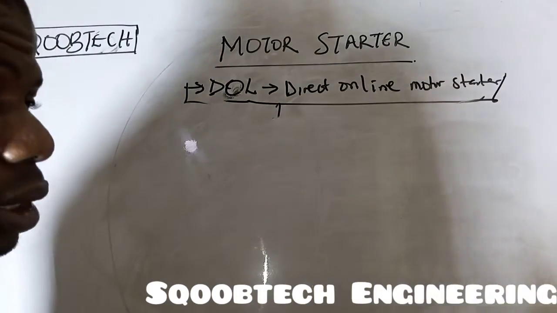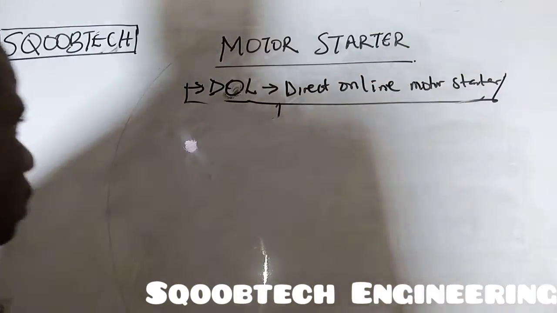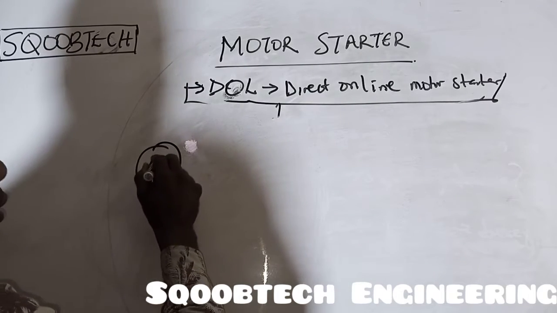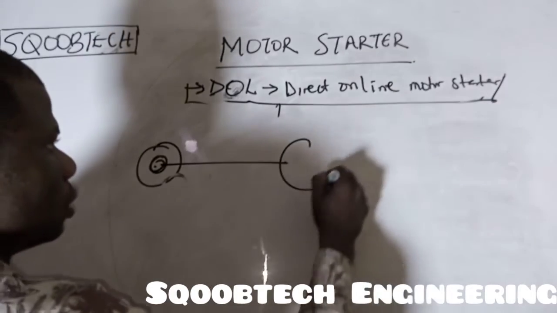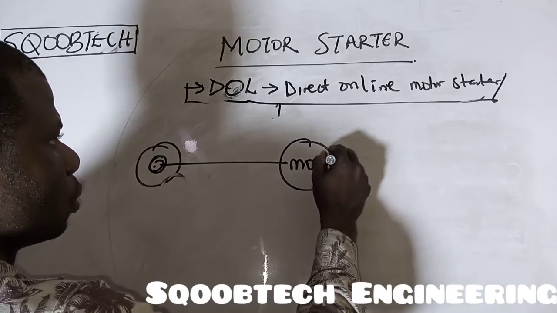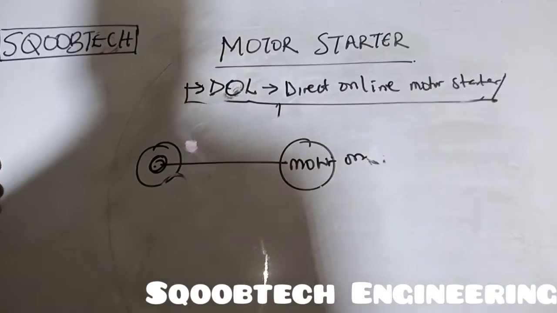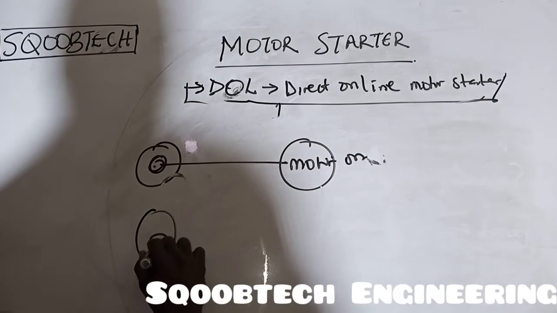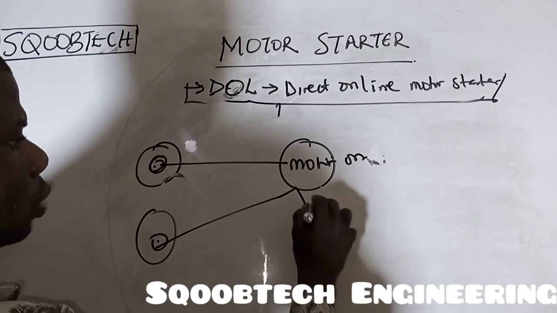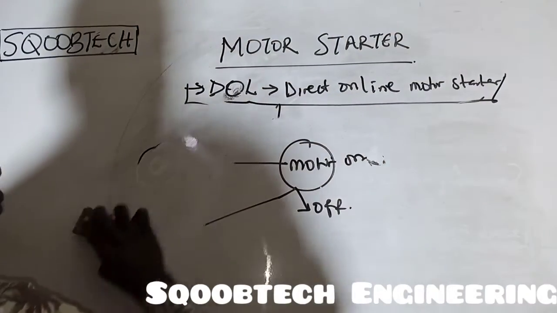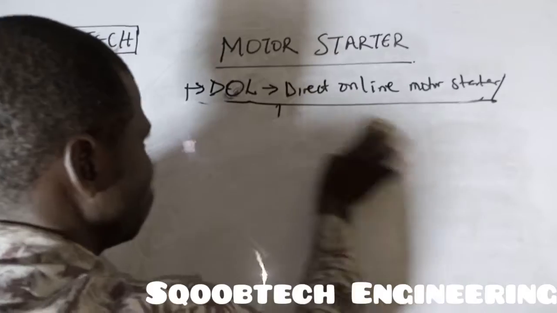It's a control system whereby, if this is your push button, immediately you click your push button, your motor turns on. And when you press another push button, your same motor turns off. So I'm going to draw the power circuit now.